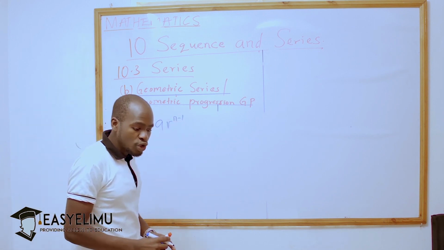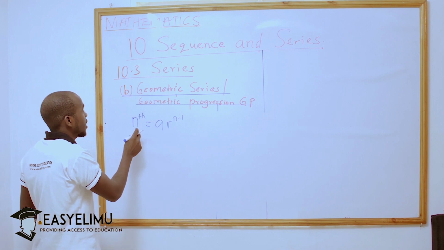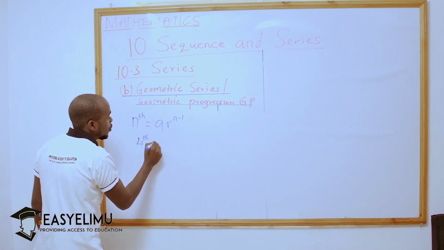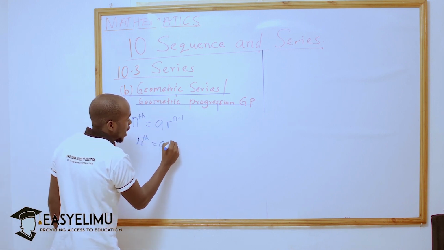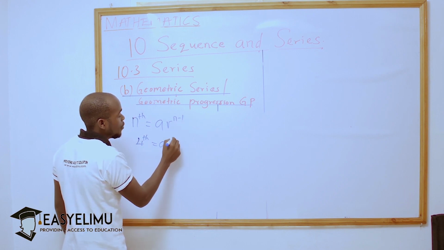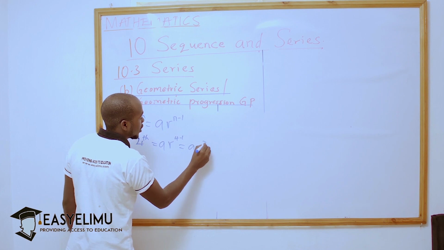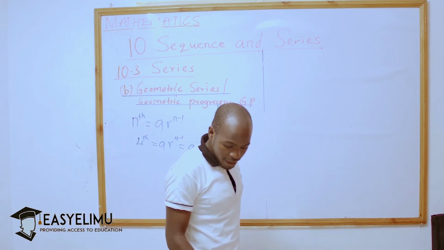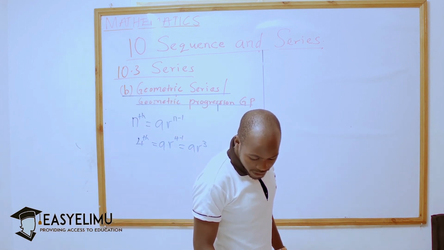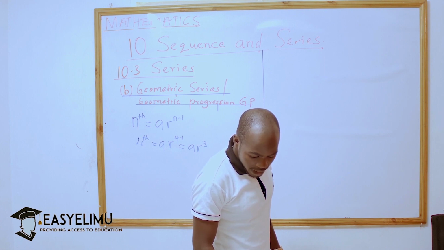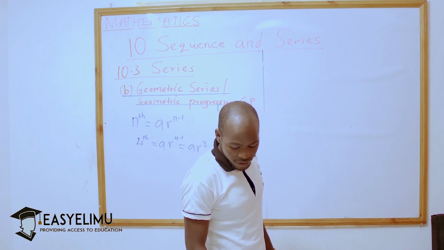So you have been told the fourth term. So you shall replace here and say the fourth term will be given by A R to the 4 minus 1, and this one will give you A R cubed. But you are being told that the fourth term of the geometric sequence is 192.